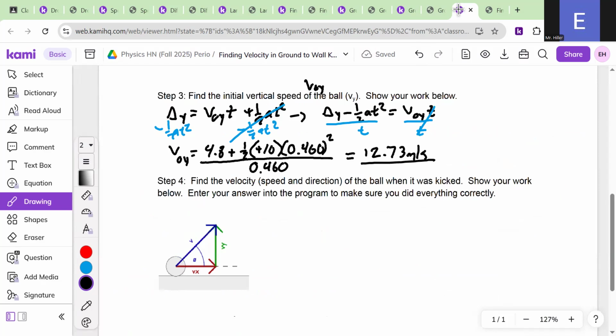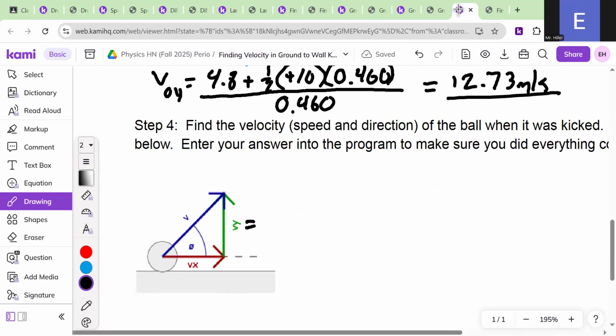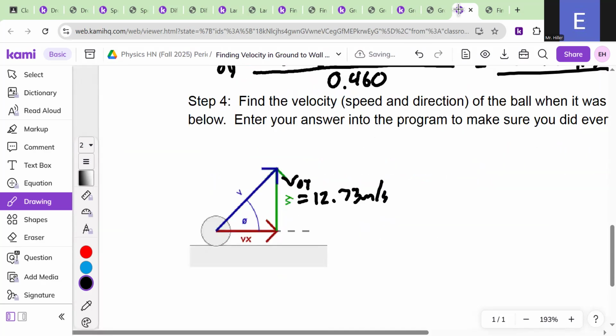Now, when I've got that, I'm going to throw those values into my triangle here. V naught y is 12.73 meters per second. And V naught x is 18.04. And you got to find theta.